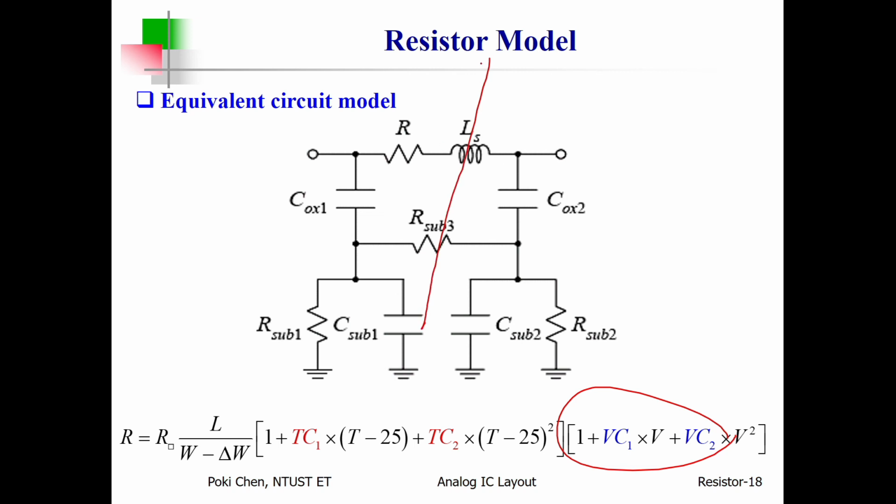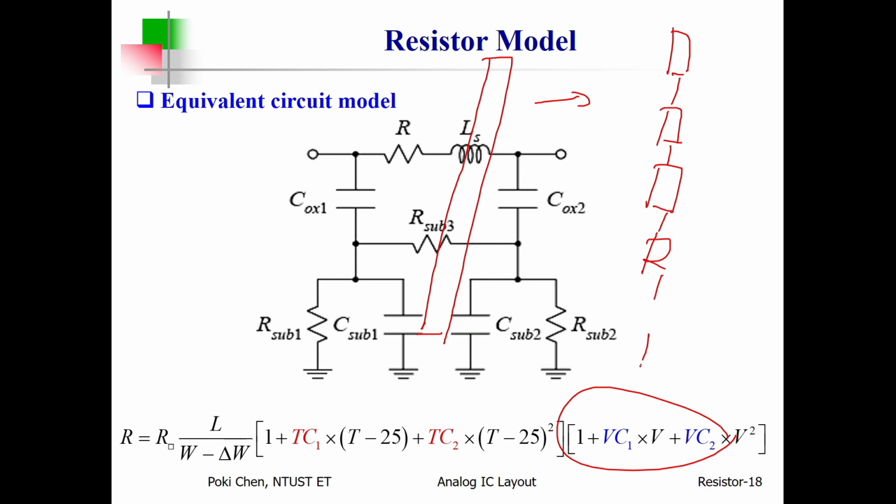This is some of the secret. For example, for a long resistor, you can divide it into 10 small ones, but connect them in series. So you have R here, you have 10 R there, but 10 of them in series.